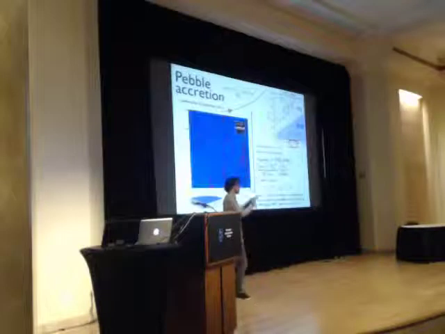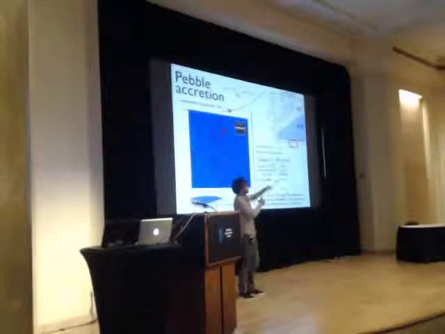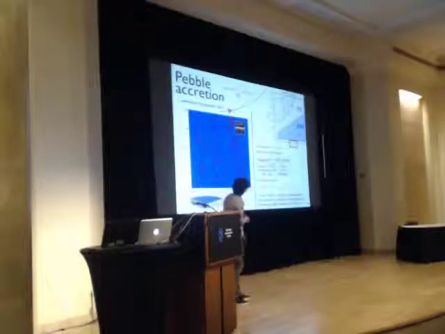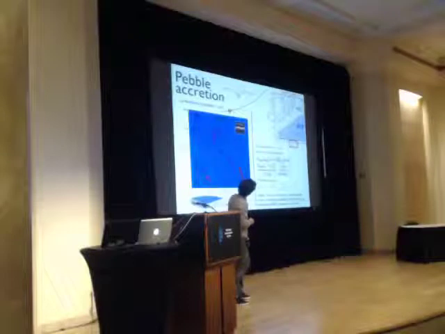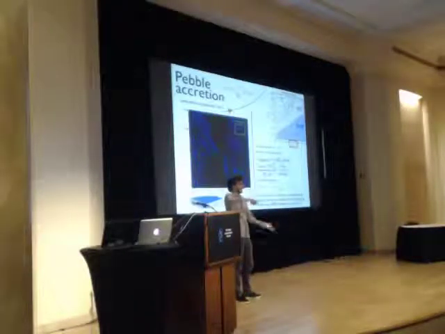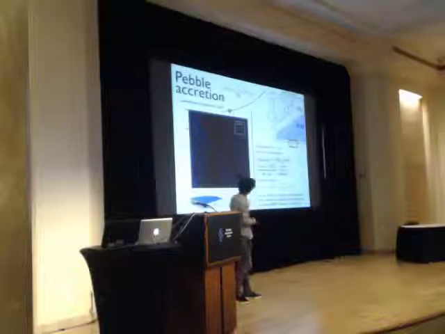Remember, Eugene Chiang explained the friction time is essentially the time a small particle needs to react to changes in the gas flow. Essentially you also find that if the embryo is sufficiently large, you accrete all the particle layers, your Hill radius is larger than the particle layer.